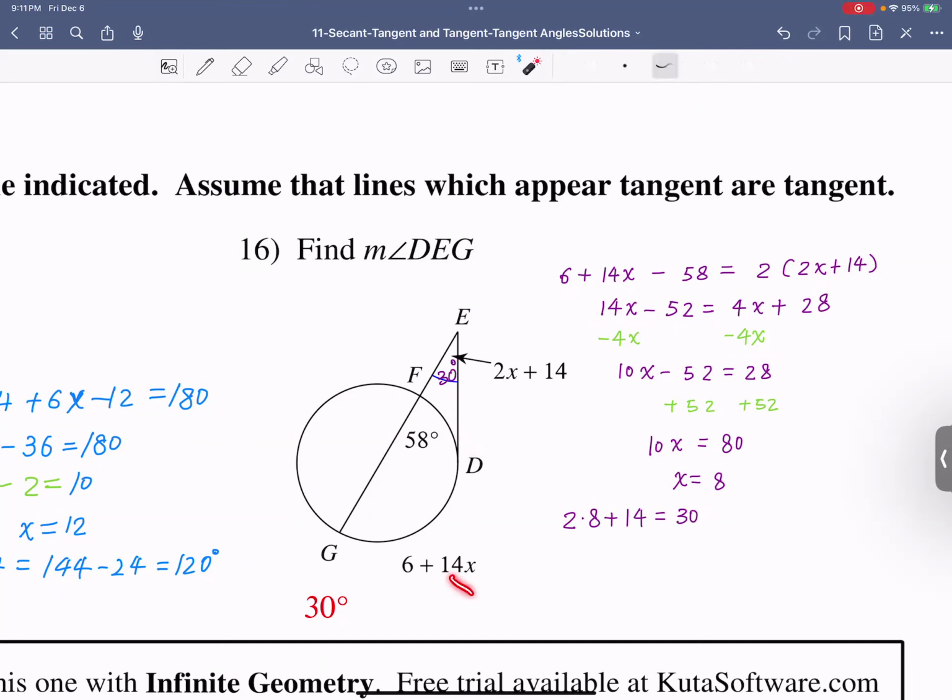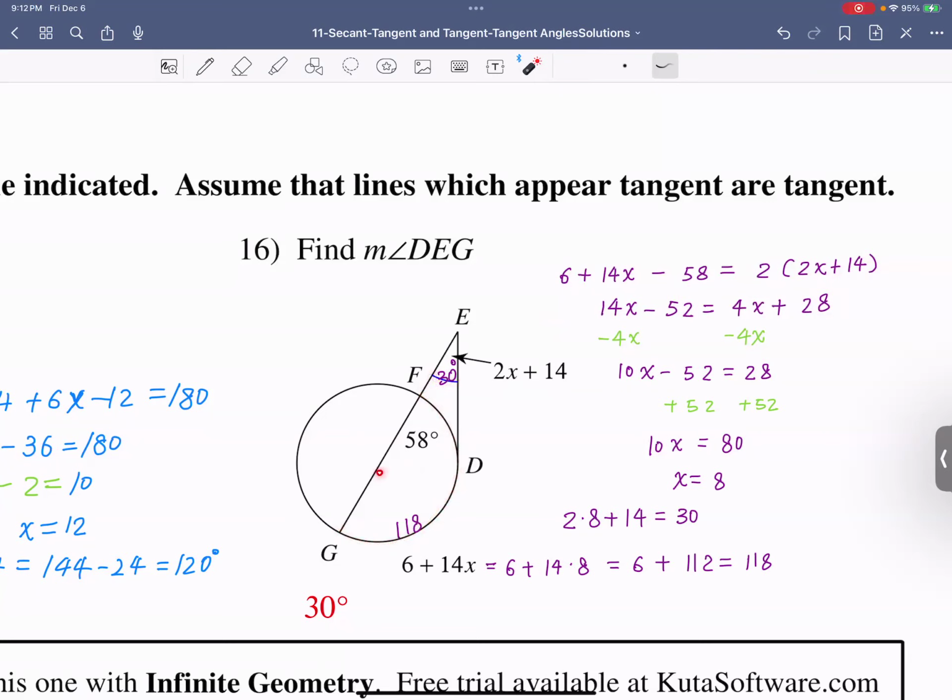And then you plug in x, calculate how much is here. 14 times 8 becomes 112. 112 plus 6 becomes 118. This is 118. Look, 118 minus 58 equals 60, right? 60 divided by 2 is 30.